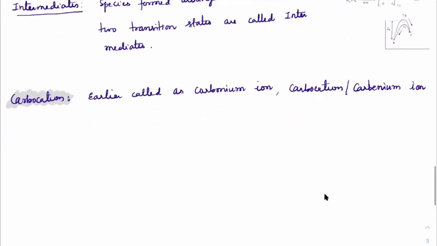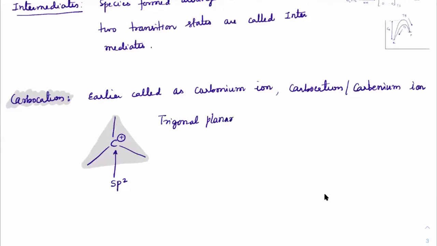How does the structure look? If we see that, we have this type of structure with carbocation, and it will be planar in nature. The carbon would have sp2 hybridization. Any carbocation will have this. So this will be a trigonal planar structure with a bond angle of 120 degrees.